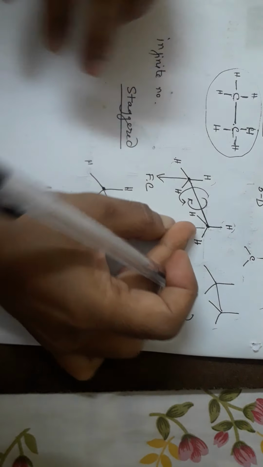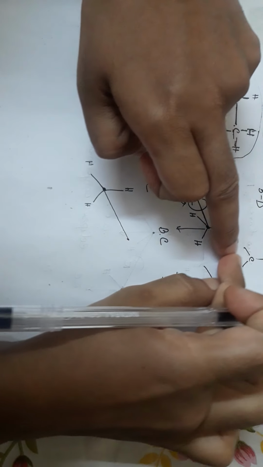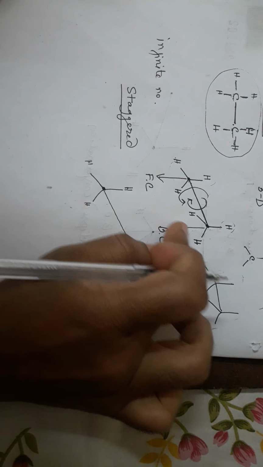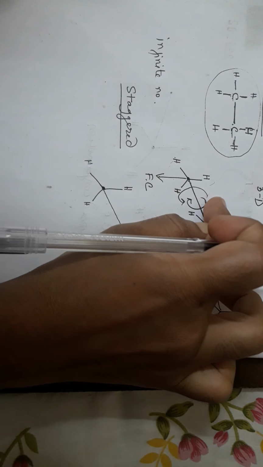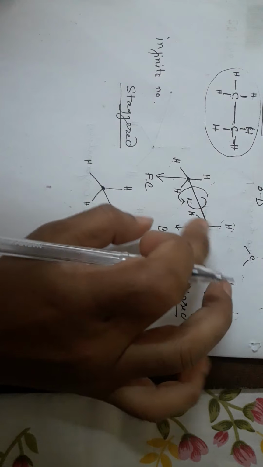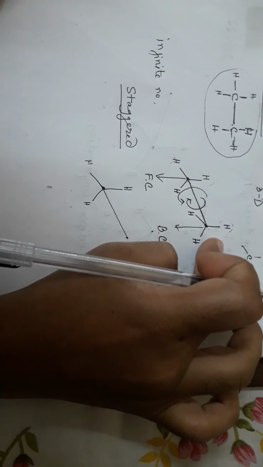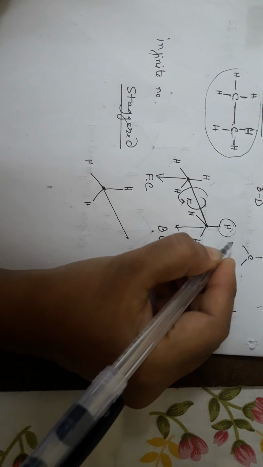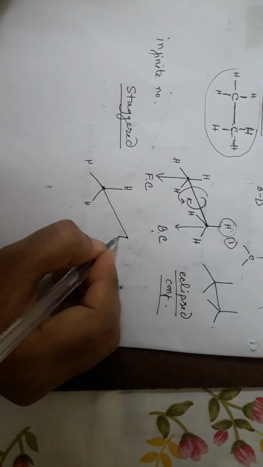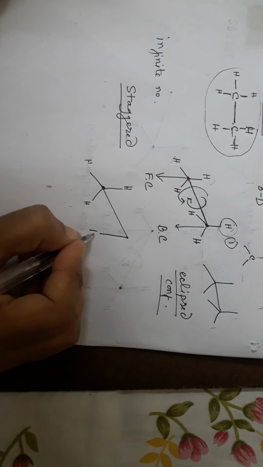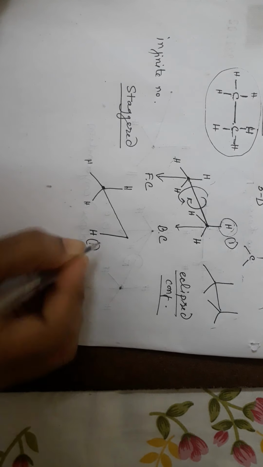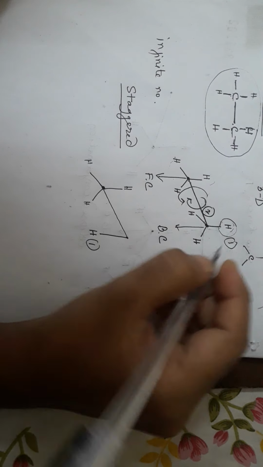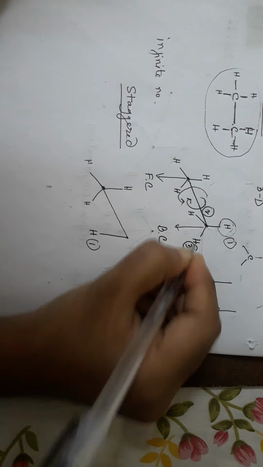So what will it be like? This hydrogen will come downwards. This hydrogen will be at the back left hand side and this one will be at our right hand side. So this hydrogen number 1 will come down forward. Number 1, it is our number 2, it is our number 3 hydrogen.